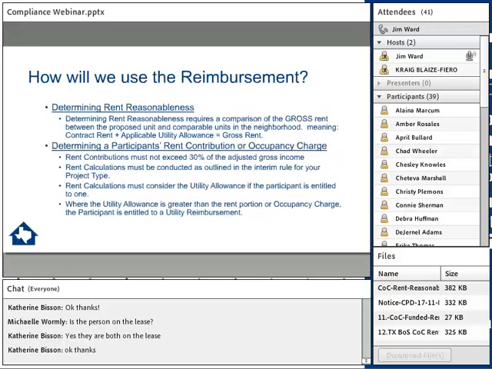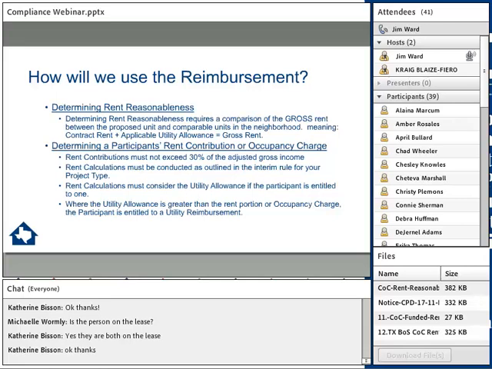You'll use it to determine rent reasonableness, and then you'll use it to determine a participant's rent contribution or occupancy charge. So using it to determine rent reasonableness, this one is one that trips up a lot of people. But when you are making rent reasonableness determinations, projects should be comparing the gross rent of the proposed unit to comparable units in the neighborhood.